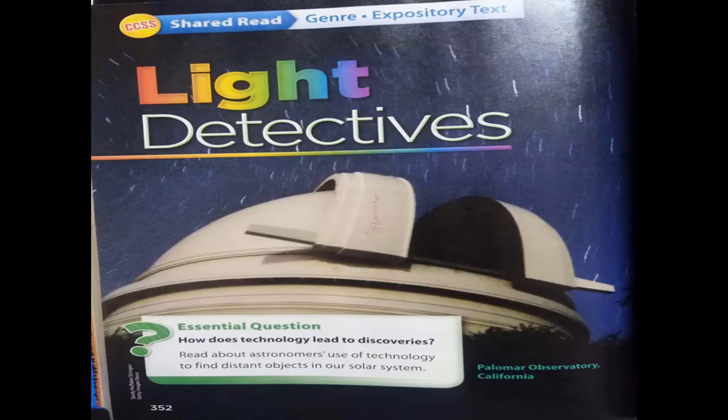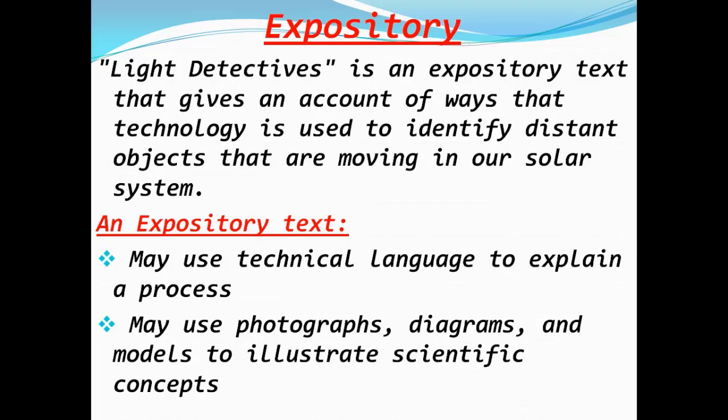Read about astronomers' use of technology to find distant objects in your solar system. Astronomers try to find out distant objects through telescopes. So this lesson is an expository lesson.